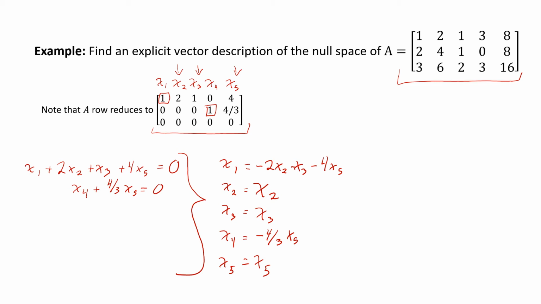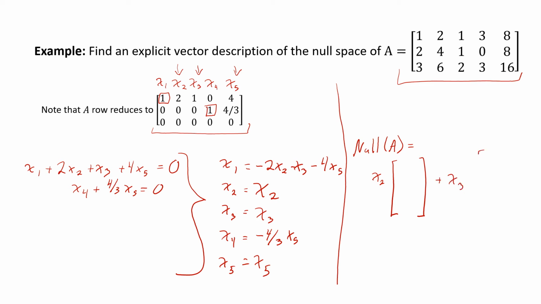So now what does this give us? Well, I'm running out of room here, but this gives us that the null space of A is equal to x2 times something plus x3 times something plus x5 times something. And what are those somethings? You get them by reading down.